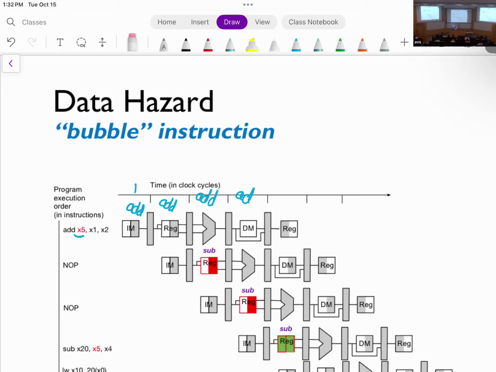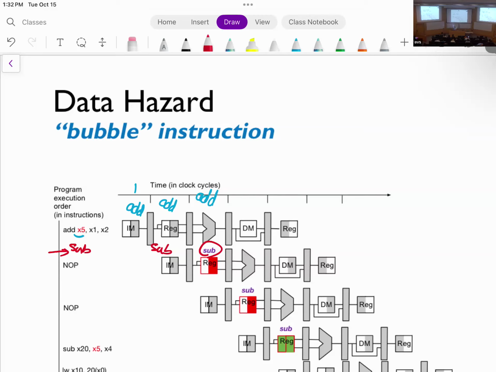No, actually, let's stop here. My sub used to be here, so my sub goes here. My sub now is here. Now it's at the point where it is reading the register. And if we let this sub continue, we're going to read an incorrect value.